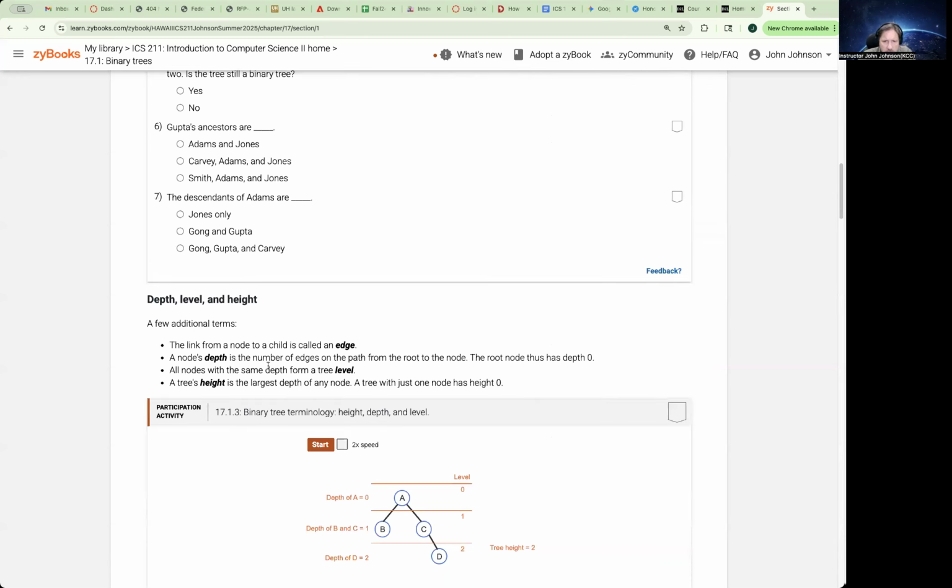So you can get that by counting the edges between the two. And for the root node, we've got a depth of 0 because it's right there at the top. All nodes with the same depth are on the same tree level.